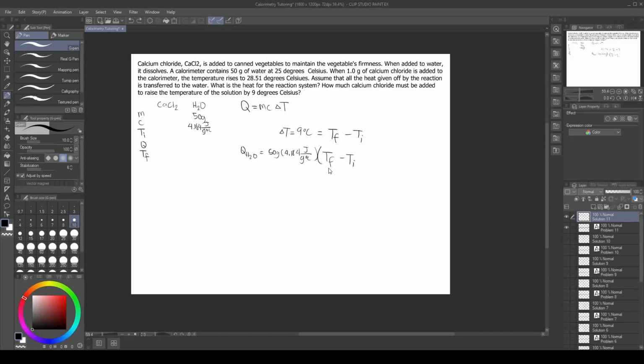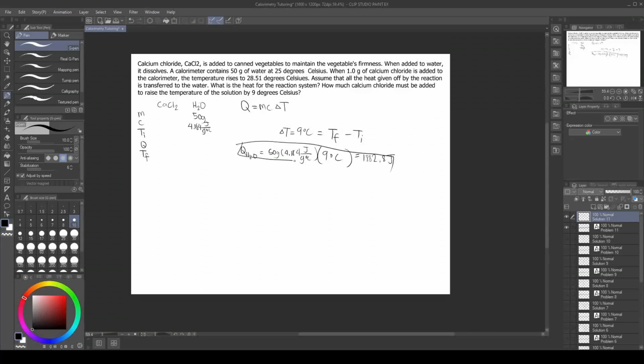So instead of writing final temperature and initial temperature, we're just going to write immediately 9 degrees Celsius. So with that in mind, we can now put that in your calculator, and the number that you should end up with should be 1,882.8 joules. So now we know the heat of water.